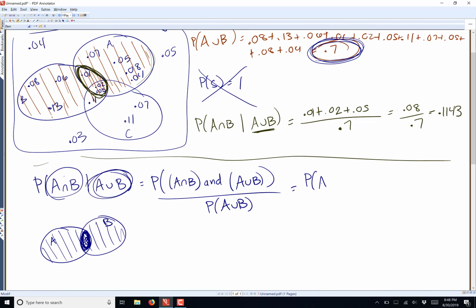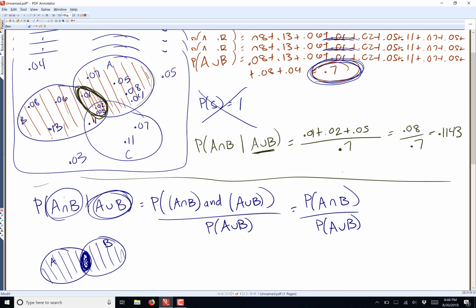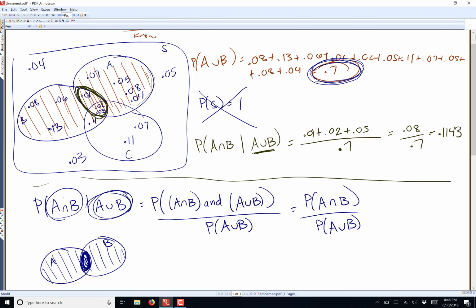So that's going to be the probability of A and B over the probability of A union B. Coming back up, the probability of A union B, when we added everything up, was our 0.7. And A and B is everything right in here, which is our 0.08. So we get back to the same answer.